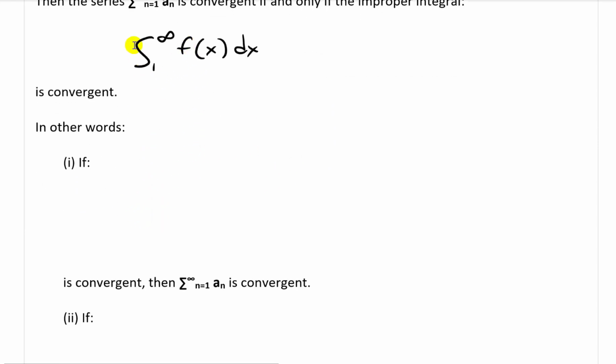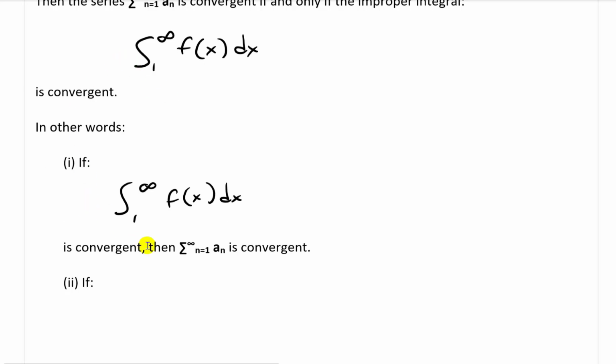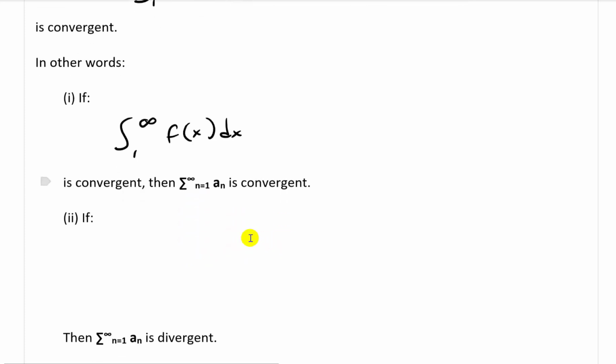In other words, if the integral from 1 to infinity of f of x dx is convergent, then the series summation from n equals 1 to infinity of a_n is also convergent.